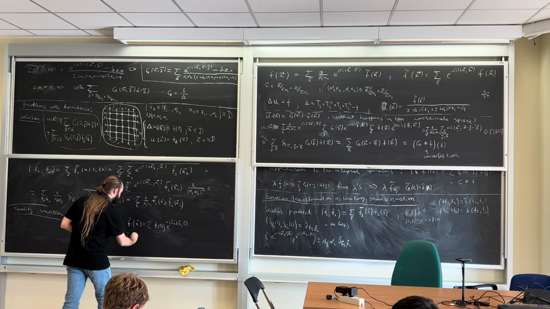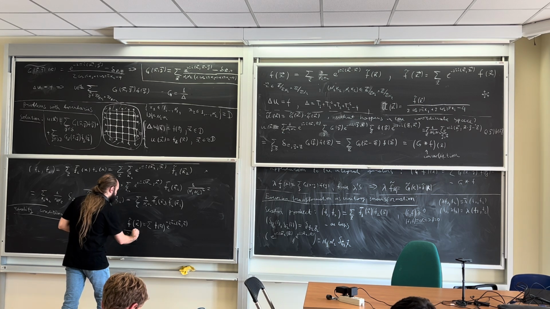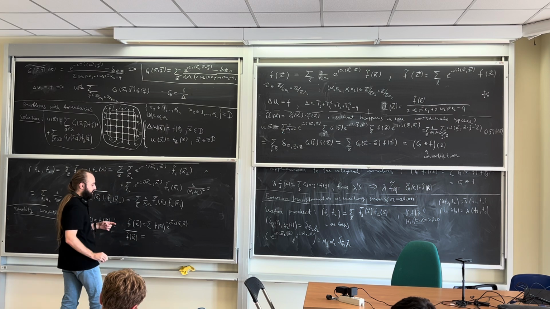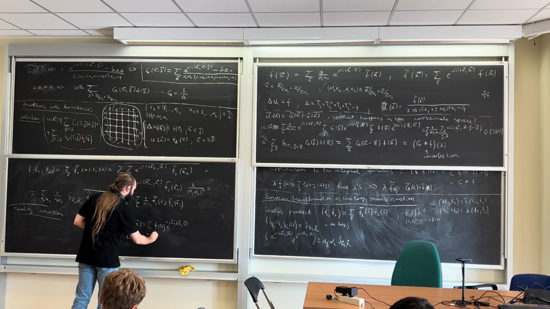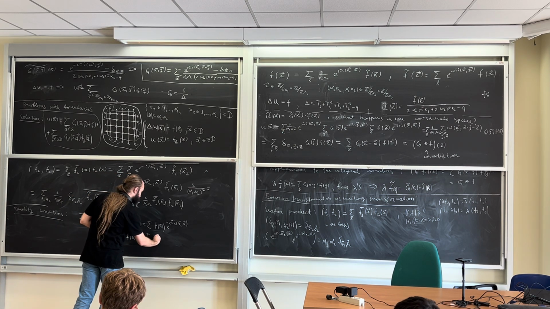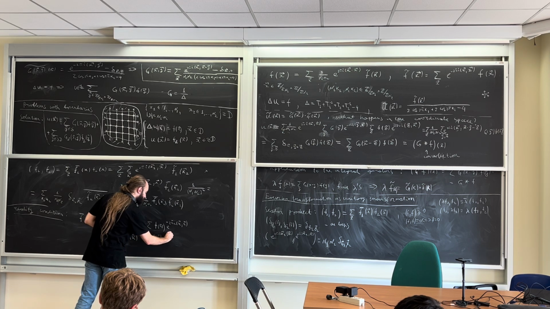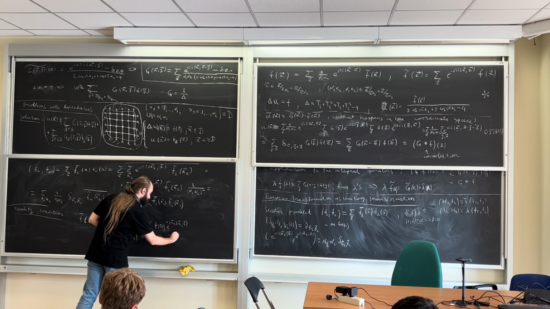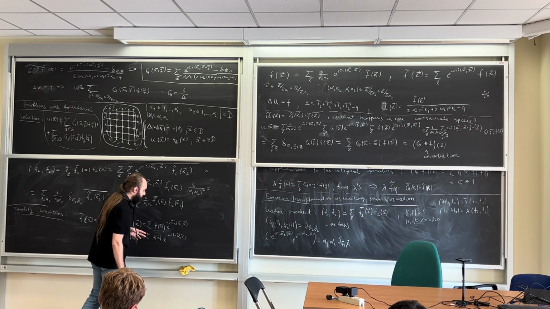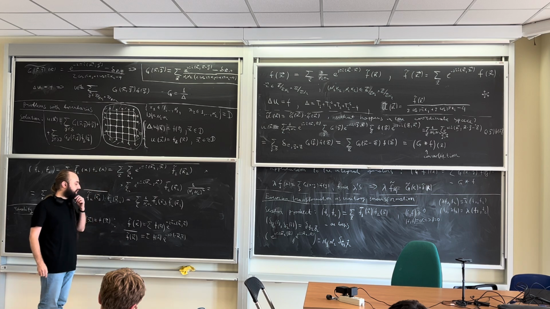F tilde of k conjugated equals the sum of f of x, again because it is real, e to the minus 2 pi I k times x, because it is out of conjugation of this exponential.